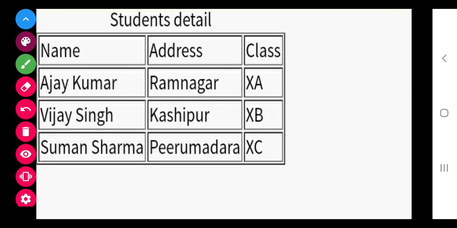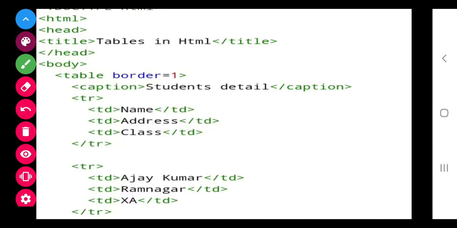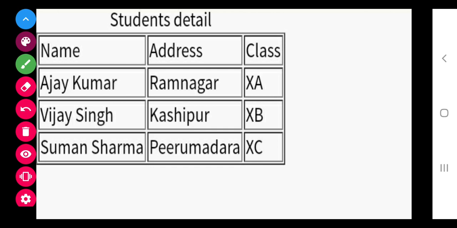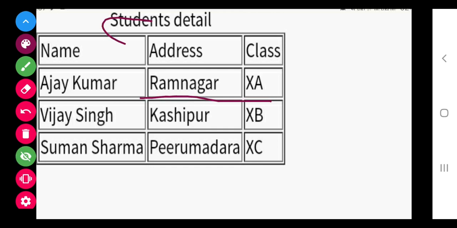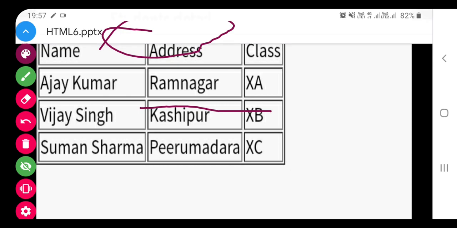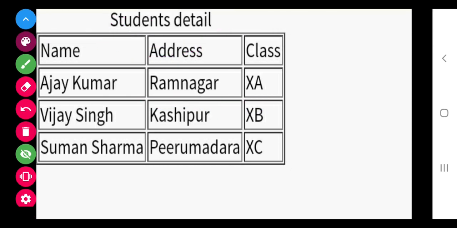If you do not give this, then no border will come, and without border it will not look like a table. I will show you that program also. So class, now you see caption I have made student detail, because I need to have student detail as a caption here.